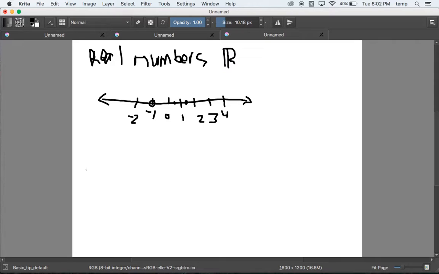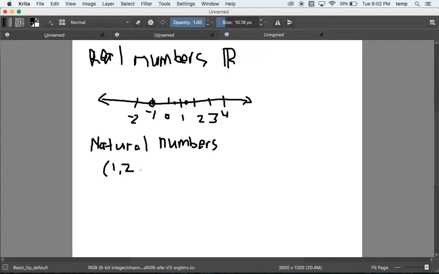So then we have something that are called natural numbers. Natural numbers are basically your counting numbers. So 1, 2, 3, 4, 5, 6, all the way to infinity.